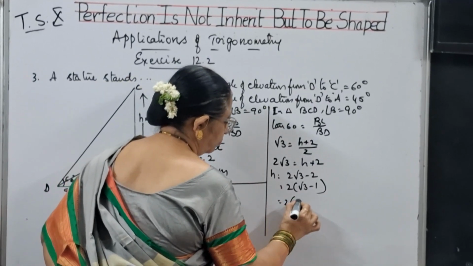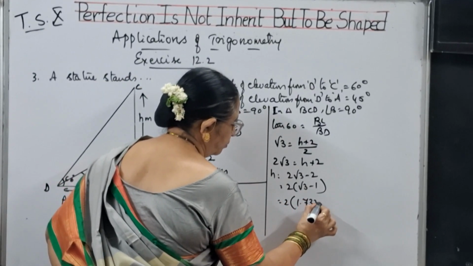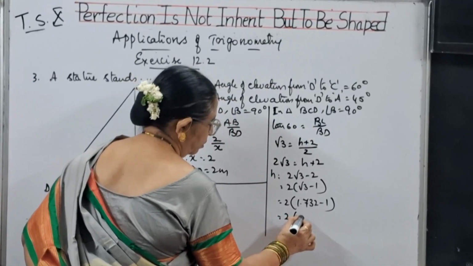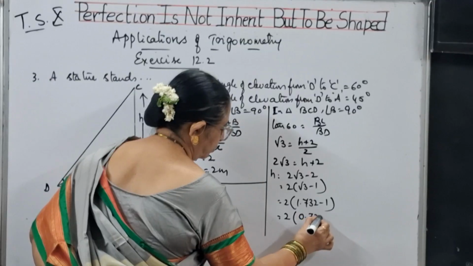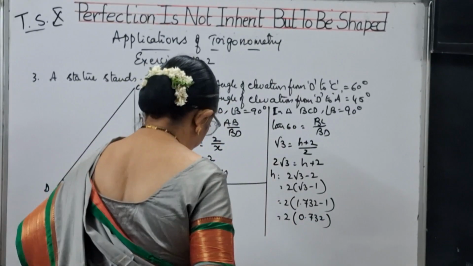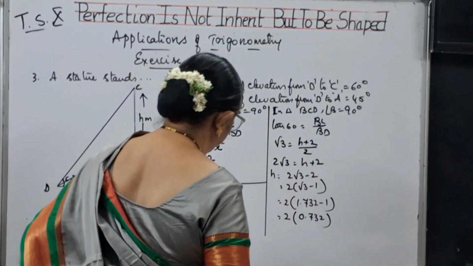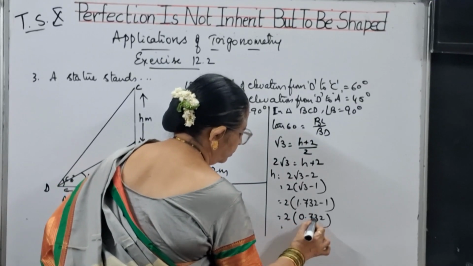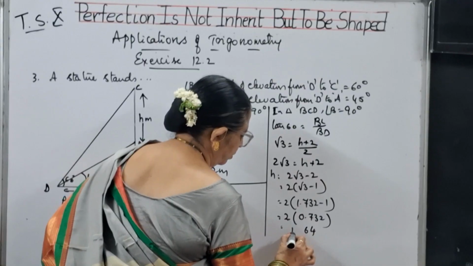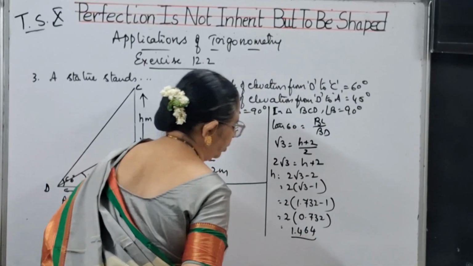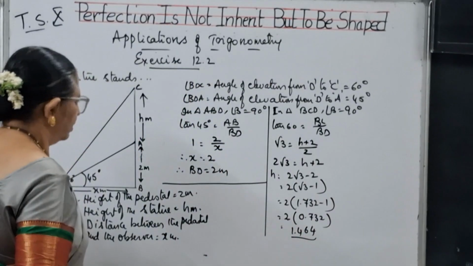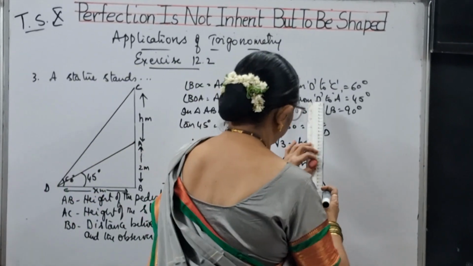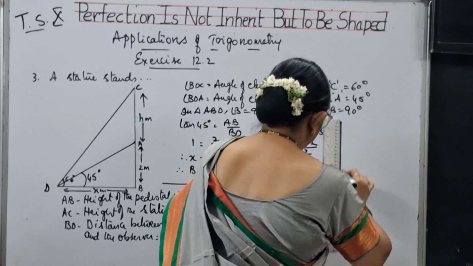That is 2 into 1.732 minus 1. That is nothing but 2 into 0.732. So how much am I getting? 2 2s are 4, 2 3s are 6, 2 7s are 14. 1.464. That is h value. H is the height of, what is this height?